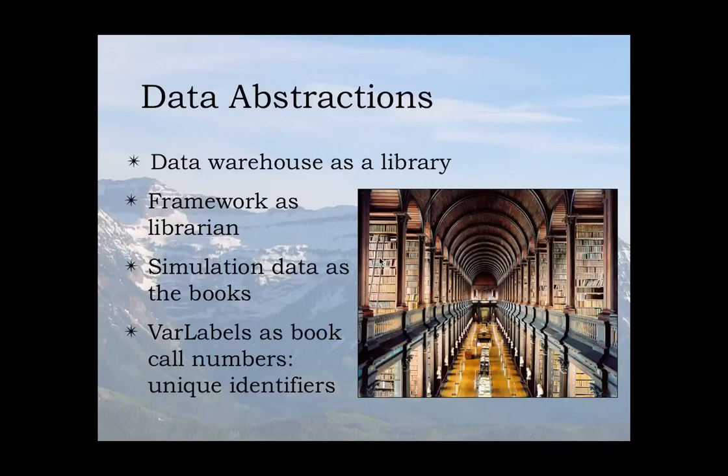They're the unique identifiers that you're going to use whenever you need to get that data. So if you're doing a forward Euler and calculating the right-hand side and you need temperature, then temperature will have a unique variable label associated with it. All you have to do is ask the data warehouse for that data and give it that var label, and the data warehouse will return that data to you.